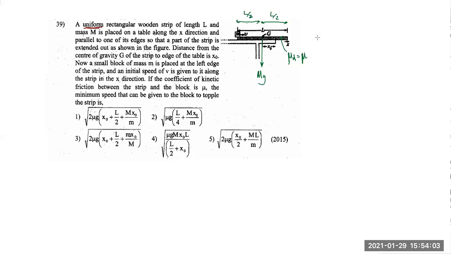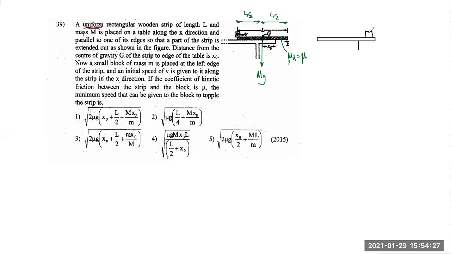Now, when the strip is at the verge of toppling, what should happen? This is the edge, so I'll just mark the edge like this. I'm not going to draw a lot of diagram. This is enough. This is the edge. And when the block has moved sufficiently, it will be at a point somewhere here.